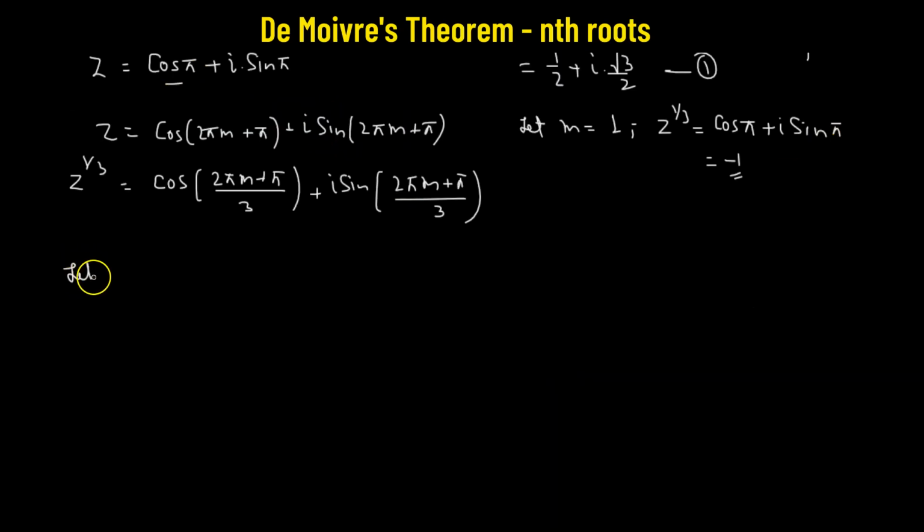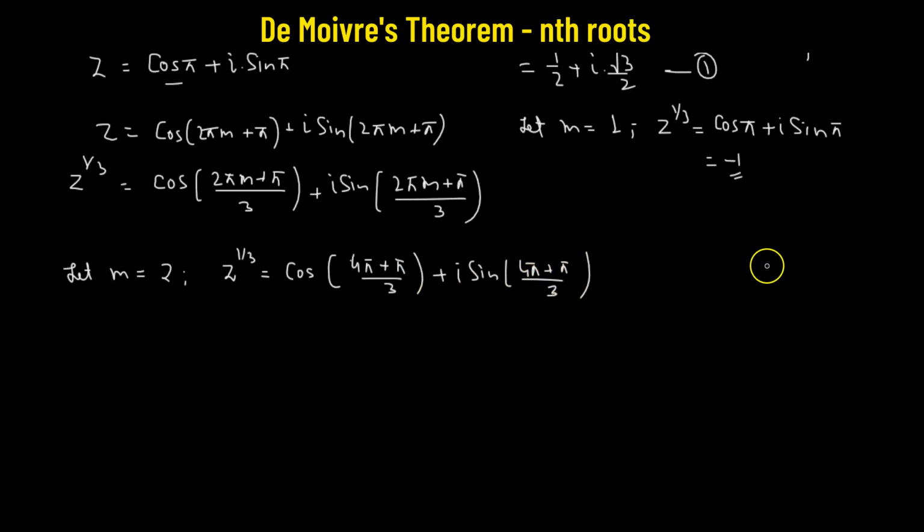Now we will consider m equal to 2 to find out the third cube root of -1. So we have z raised to the power of 1/3 equals cosine of (2 pi times 2, so that's 4 pi, plus pi) divided by 3 plus iota times sine of (4 pi plus pi) over 3. So 4 pi plus pi over 3 is actually 5 pi over 3.